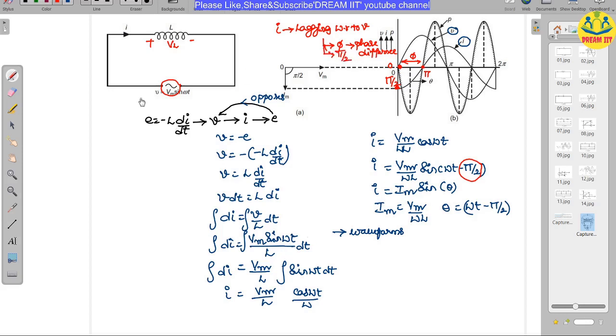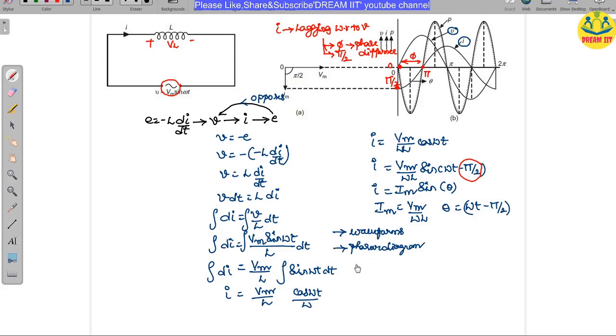Now let us see the phasor diagram. The phasor diagram we will draw like this. I am showing Vm here, that is the Vm value.